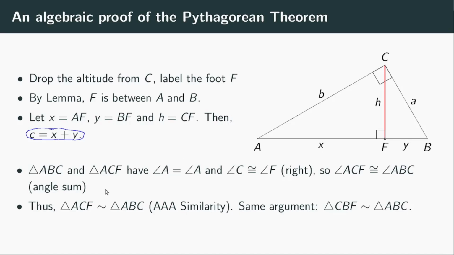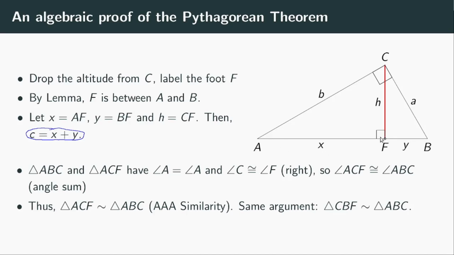Okay, now here's the tricky argument. If I look at triangle ACF, what I'm claiming is that this triangle ACF is similar to my big right triangle. It's a small right triangle here because it has a right angle in F. And the argument comes from looking at the angles, right? So the angle in A is obviously congruent to itself just because it's equal.